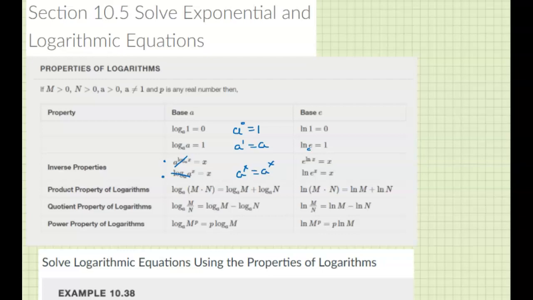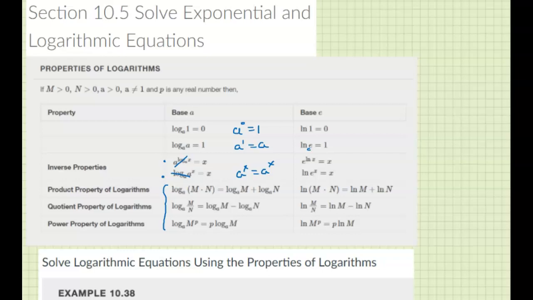All right. Now these next three are probably the ones we're going to use the most in solving equations. This says that if you take a log of a product, then you can split it up as a sum: log of m times n equals log of m plus log of n.